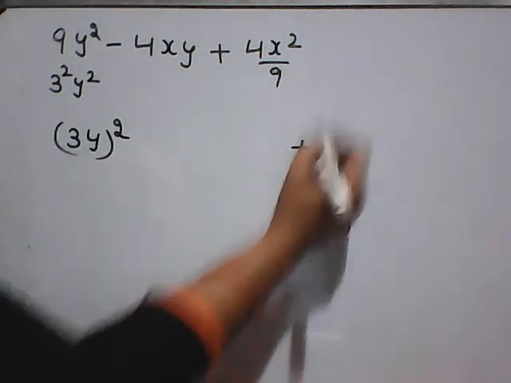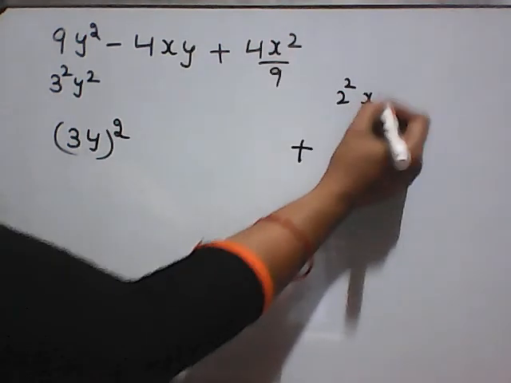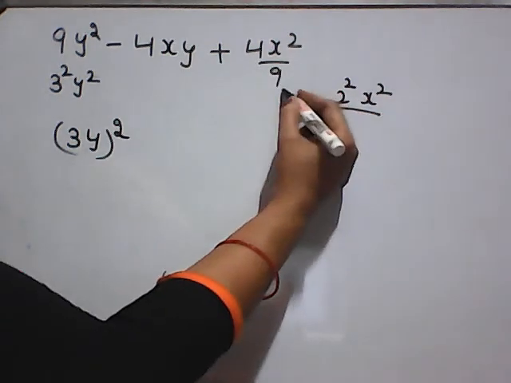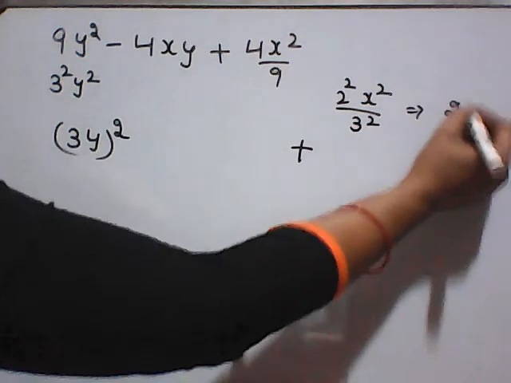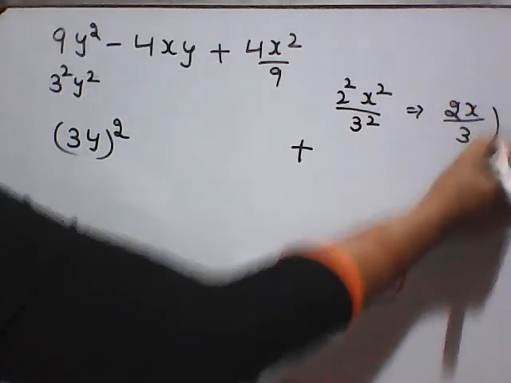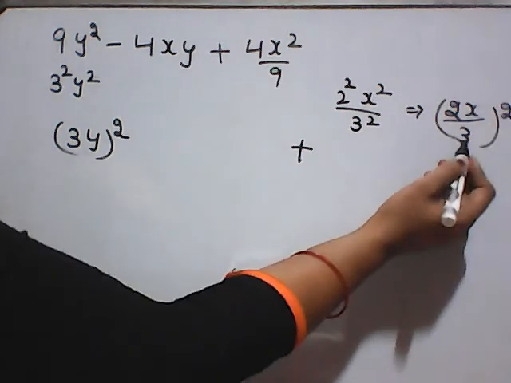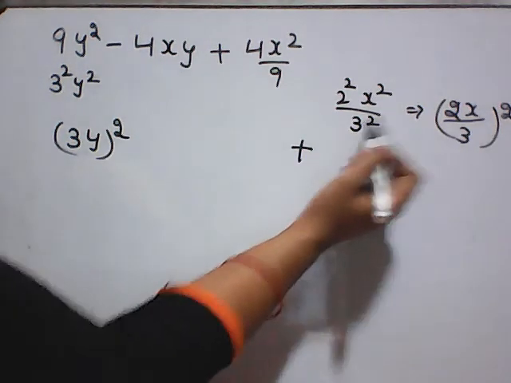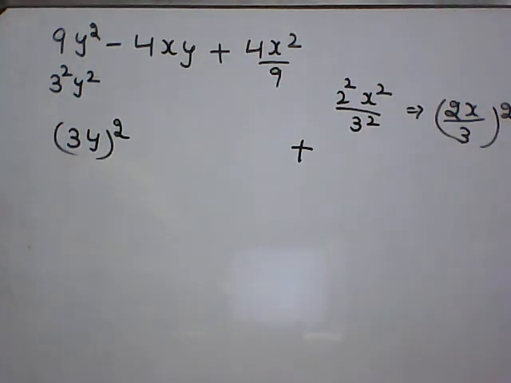Plus 4 can be written as 2 square. x square is given to you. 9 can be written as 3 square. So it can be written as (2x by 3) whole square. Here 2 square x square divided by 3 square can be written in the form of perfect square (2x by 3) whole square.